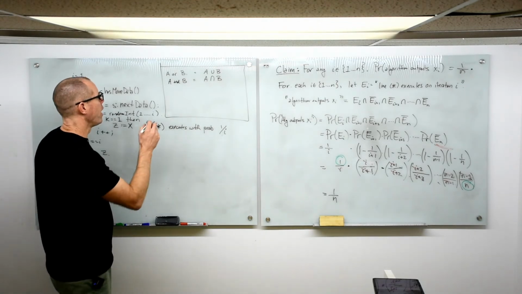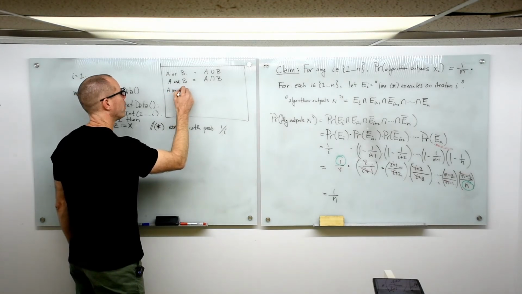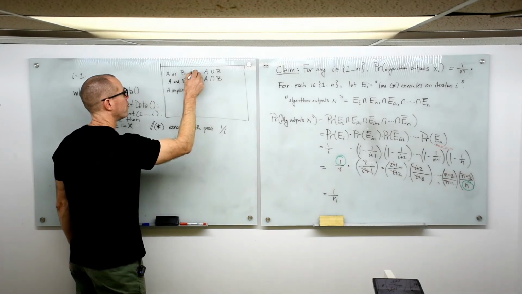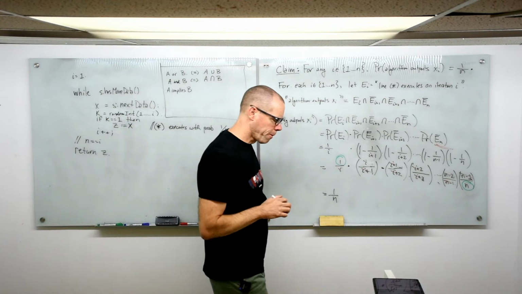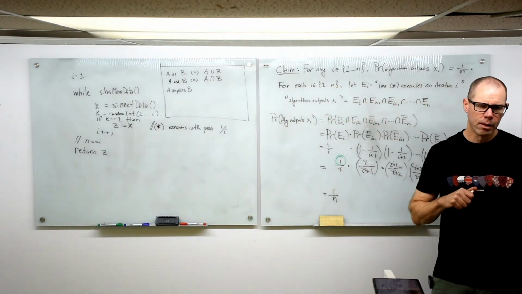Here's one that you may not have realized. A implies B. So what does that mean? A implies B means whenever A happens, B happens.